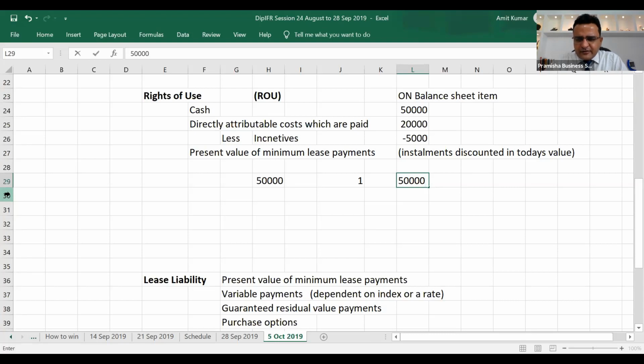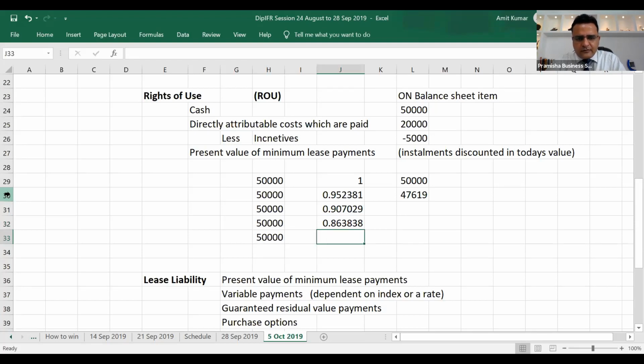Today it is 50,000. 50,000 at the end of 1 year, or the beginning of second year, turns out to be 1 divided by 1.05. 50,000 at the end of second year. Five installments.